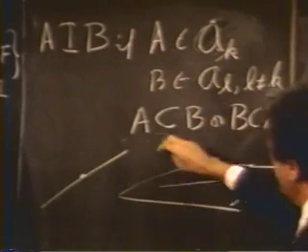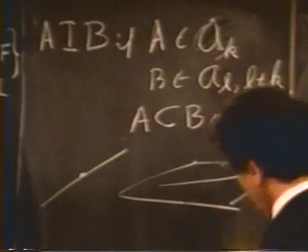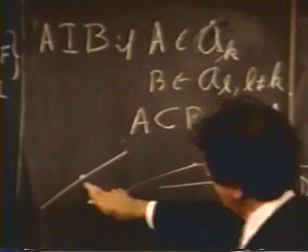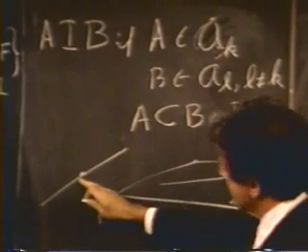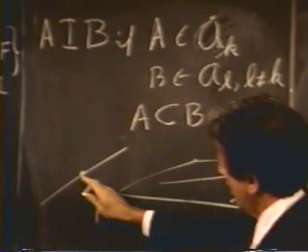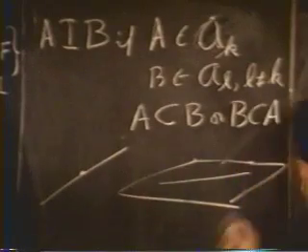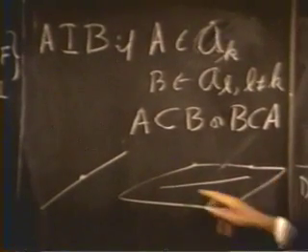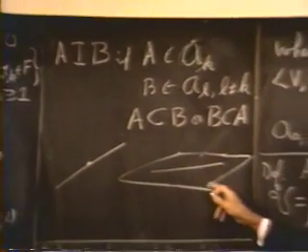And secondly, either A is a subset of B or B is a subset of A. Notice in the case I have drawn here, of course, the higher dimension is always the larger set. The point is incident with the line, and of course the point is a subset of the line. In the case I've drawn here, I've sketched a plane, and the line that's incident with it is a subset of the plane.